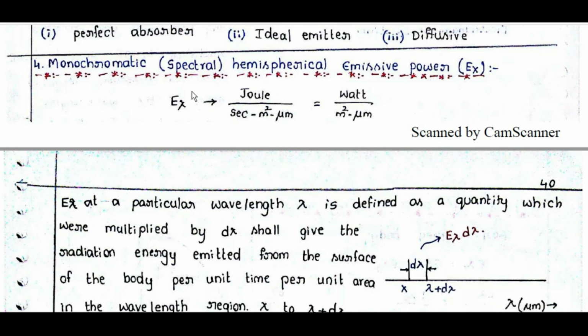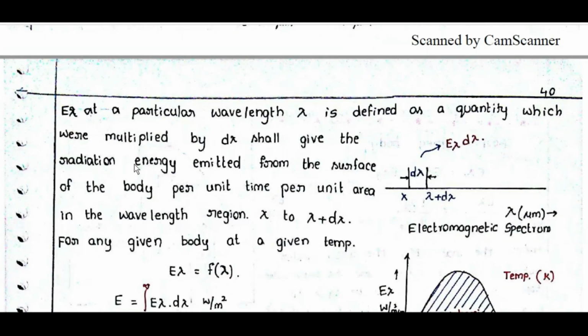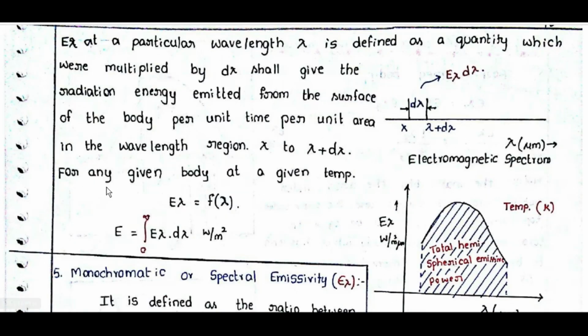Monochromatic spectral hemispherical emissive power, E lambda, in joule per second per meter square micrometer, or watt per meter square micrometer. E lambda at any particular wavelength lambda is defined as a quantity which, when multiplied by d lambda, gives the radiation energy emitted from the surface of the body per unit time per unit area in the wavelength region lambda to lambda plus d lambda, for any given body at a given temperature.